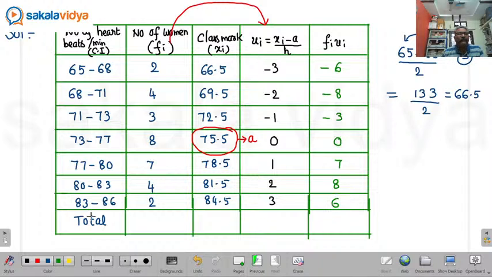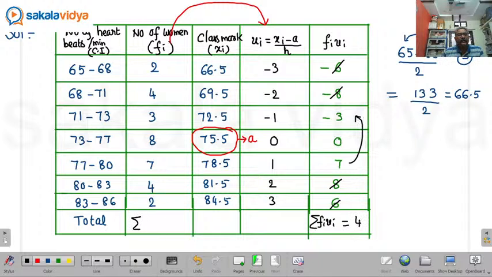A very simple way: -6 plus 6 cancels, -8 plus 8 cancels, and 7 minus 3 is 4. You will be getting 4 only. So we can write sigma fi ui is 7 minus 3, which is 4.